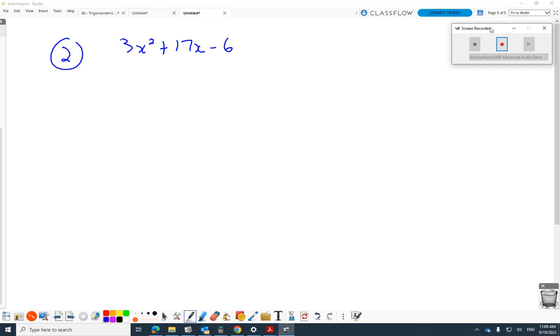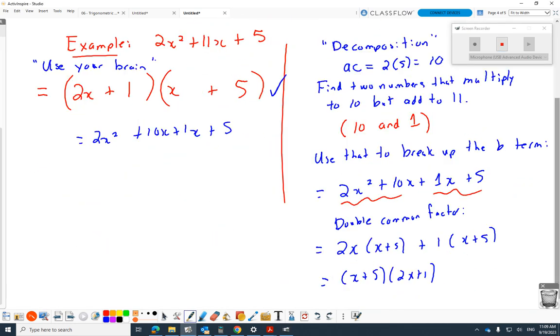It's 3x squared plus 17x minus 6, but I'm just going back for a second. Oh, I just remembered why this is the last example in my notes. I got to go back for something, right? That's where it is. Okay, good.